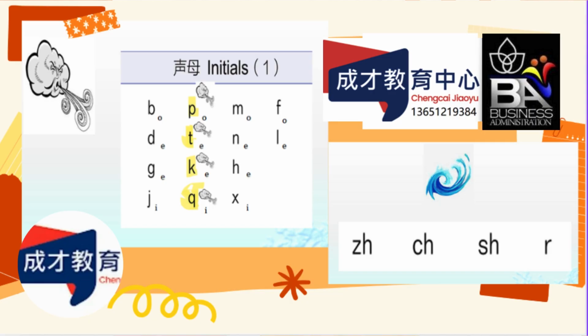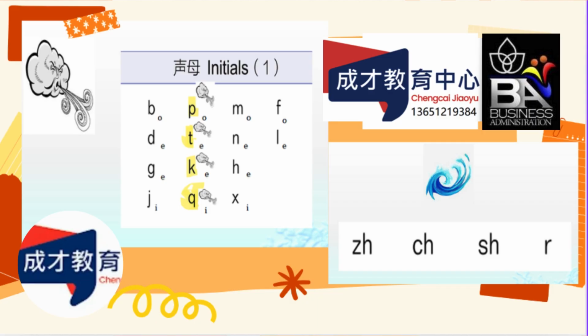Ker, ker, ker. Okay, now SH. Ker, ker, and then R. R, R. Okay, I give you example. 知道 I know. 知道不知道 I don't know.